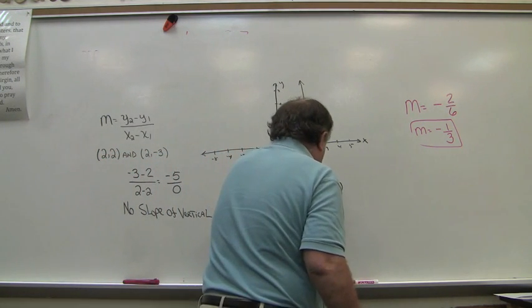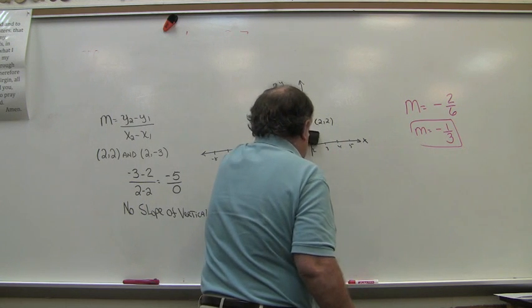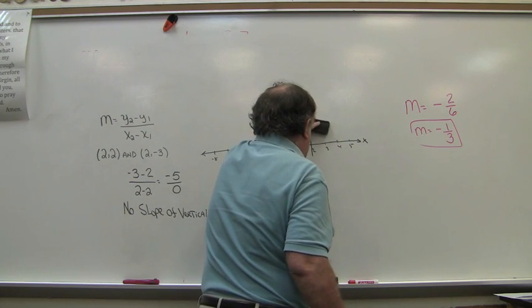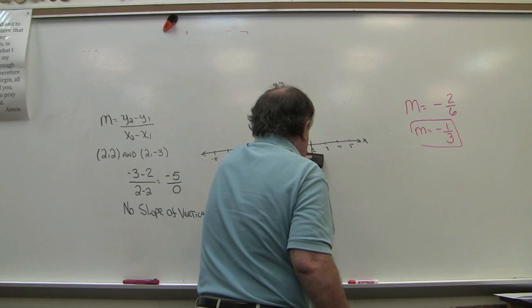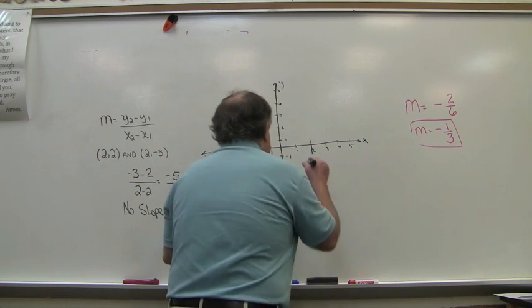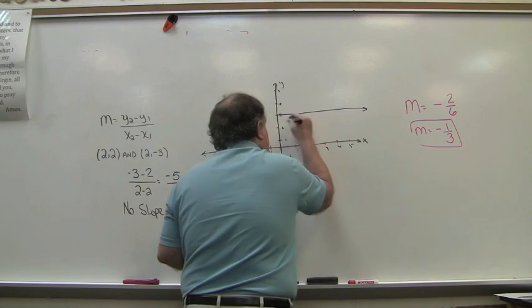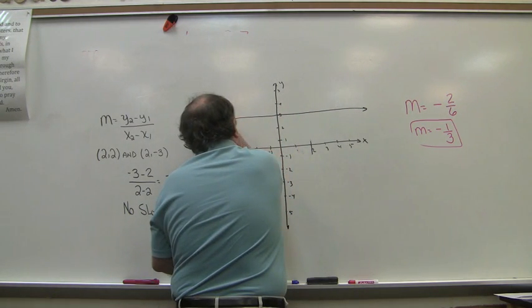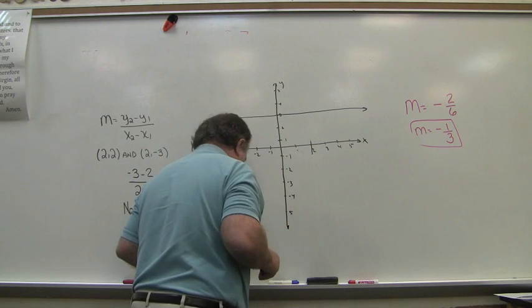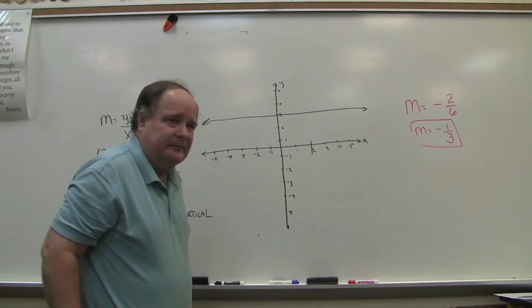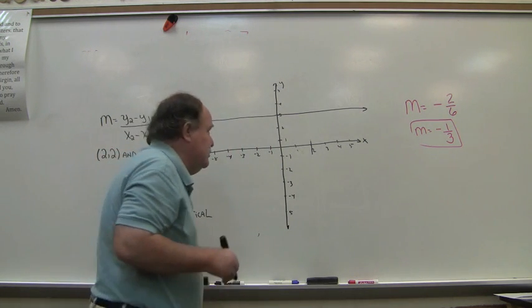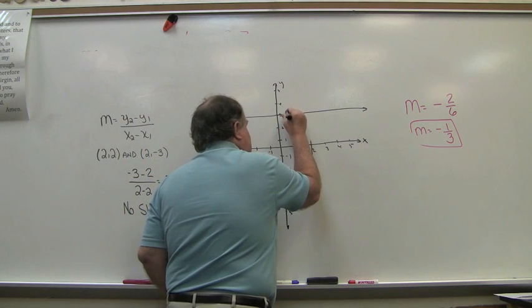Now we're going to show you the other type of line. It does have a slope, but the slope's a little different than you may think. Let's just say that we have a line going through 3. It's a horizontal line. If you think about it for a minute, without doing the calculations, let's say you put a skateboard here.